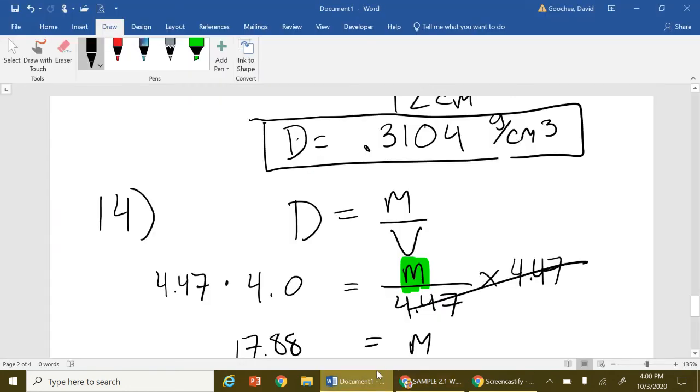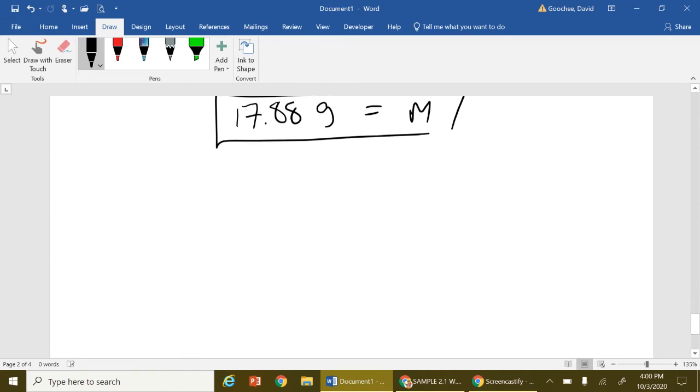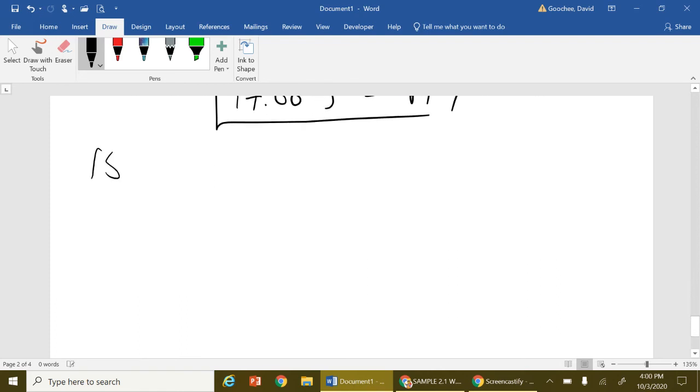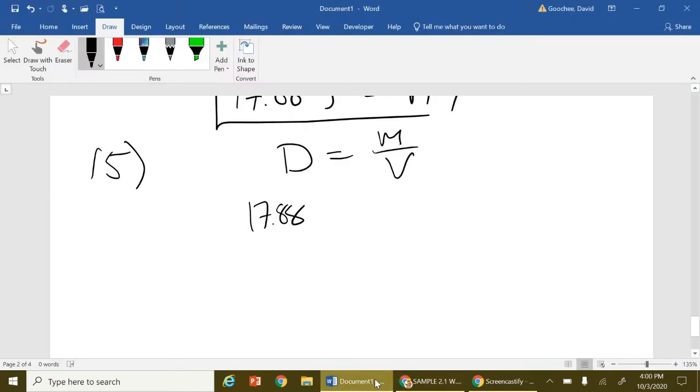Well, once again, folks, let's make sure we put a circle around this or box it. We got ourselves a situation where we need to write down this equation here. Always be writing down these equations because you never know when a problem is going to be tricky. You know the density. The density is 17.88 grams per cubic centimeter, I believe. Double checking. Yeah, grams per cubic centimeter. Okay, let's write that in here.